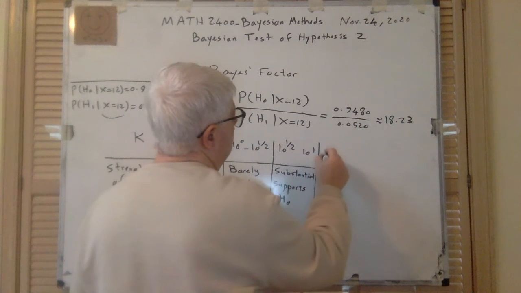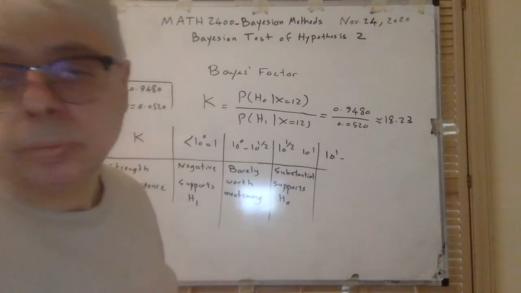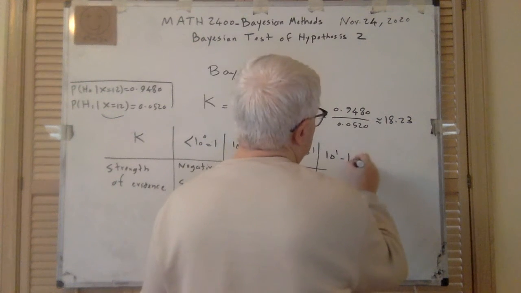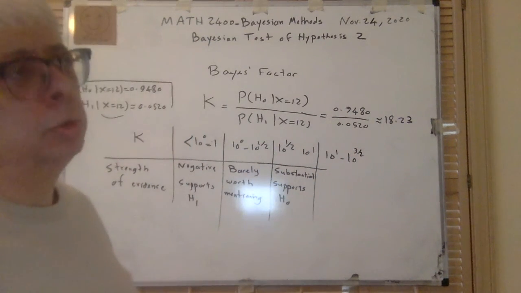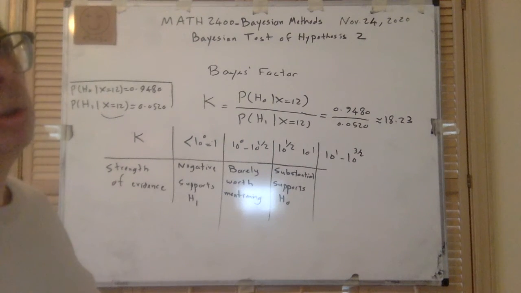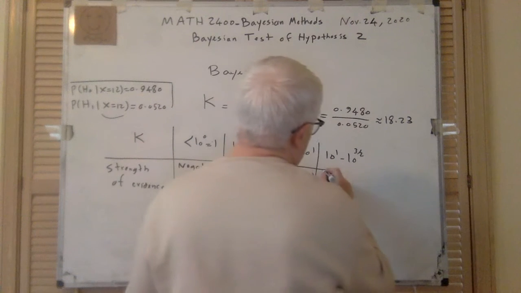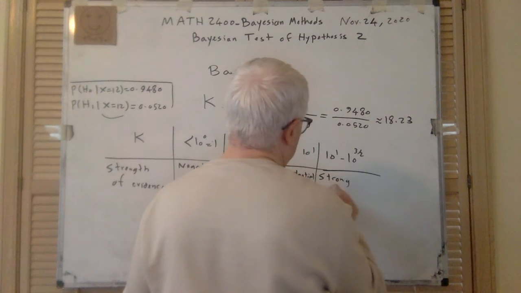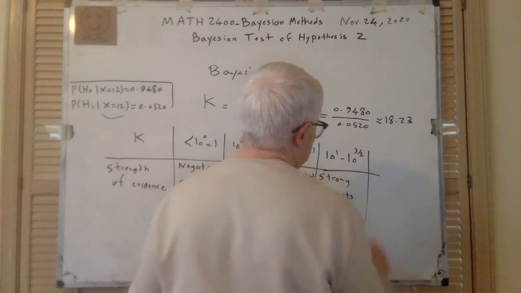H0. Between 10 to the power 1 and 10 to the power 3/2, so 10 to the power 1/2 is almost 3, so that is about 27, right? So that is strong, and that is strong, supports H0.